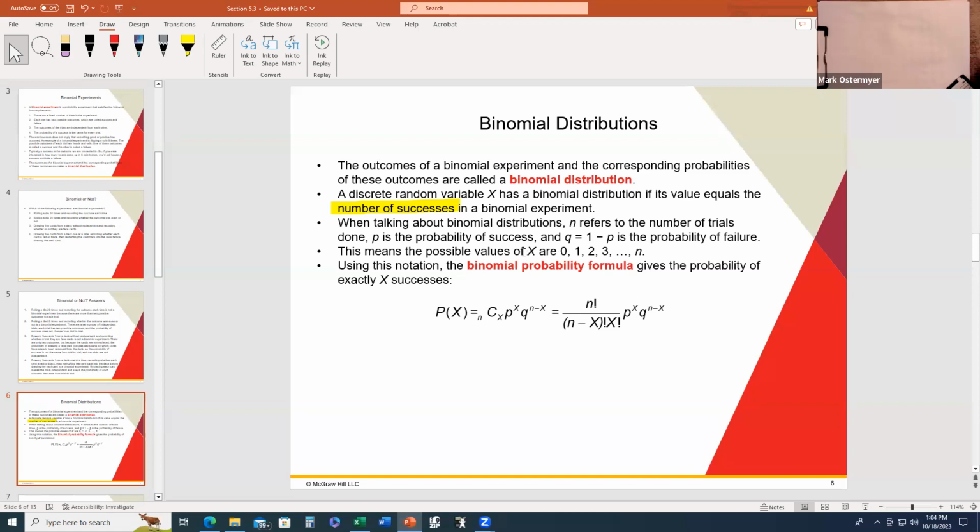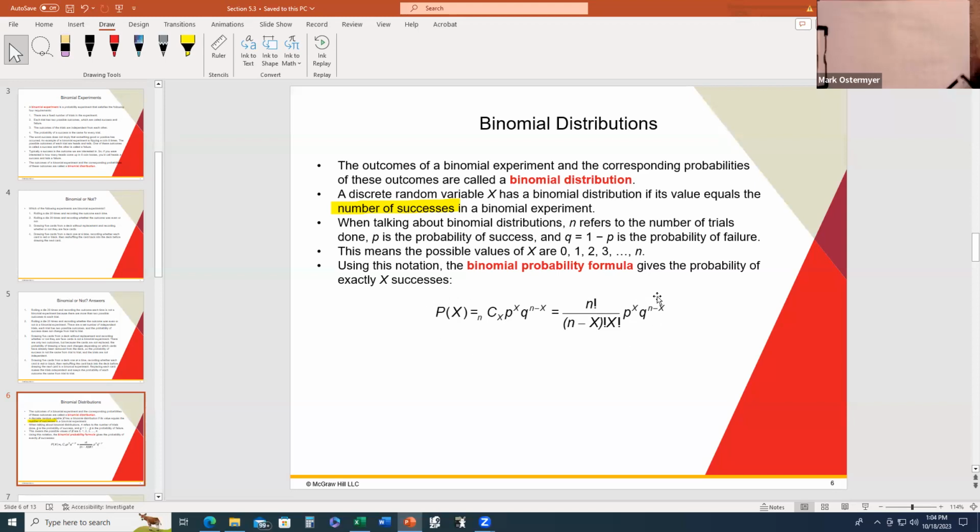So x, again, is always assigned a numeric value that represents the number of successes that occur for a binomial experiment in n trials of that experiment. Using this notation, the binomial probability distribution function always computes the probability of having x successes in n trials. And ladies and gentlemen, welcome to the binomial probability distribution function.